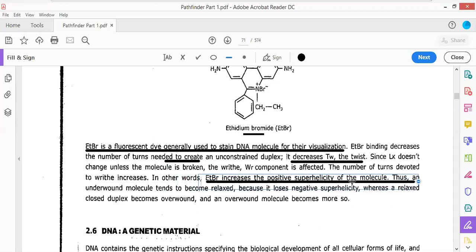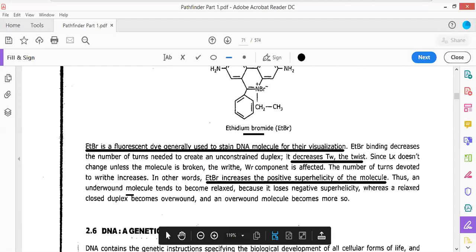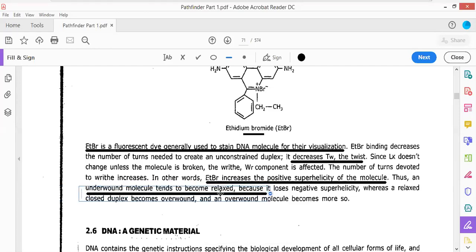ETBR क्या करता है? ETBR DNA को positively supercoil कर देता है, उसके अंदर supercoiling को induce कर देता है. Does an underwound molecule tend to become relaxed? अब देखिए, अगर एक underwound molecule है, यानी कि देखो नम्रता, तुम्हारे क्वेश्चन का आंसर, if there is an underwound molecule, what does this mean?